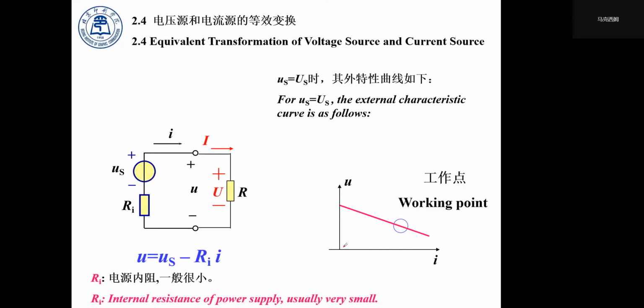So we can see this is a function of a line, a straight line. From our mathematical background, we already know that. And as the current I increases, the value of U drops. So we could allow the actual source to work at some point on this line.